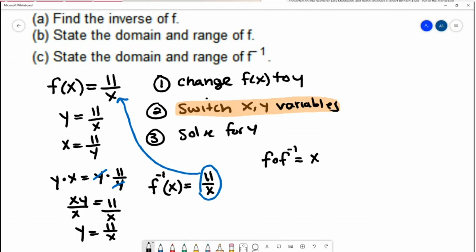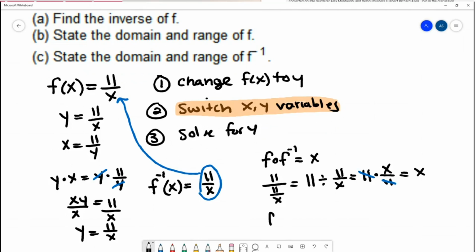That would give 11 over 11 over x. This is the same thing as 11 divided by 11 over x. When we divide fractions, we multiply by the reciprocal, so that's 11 times x over 11. The 11's cancel, and we get x.